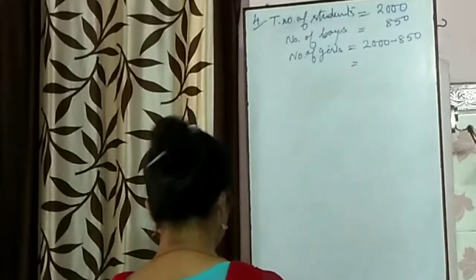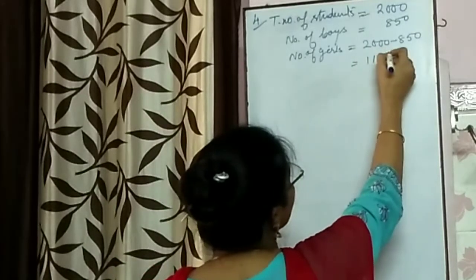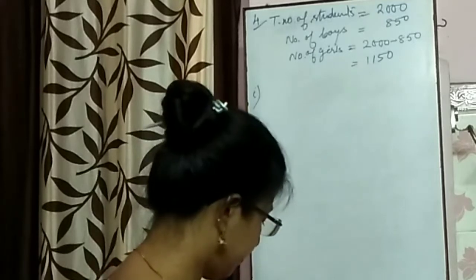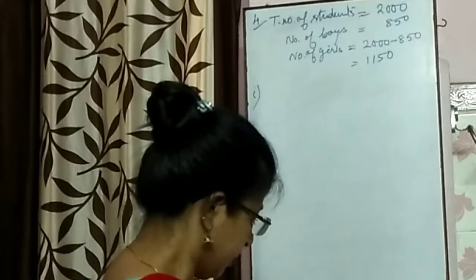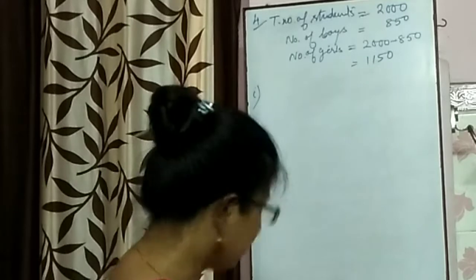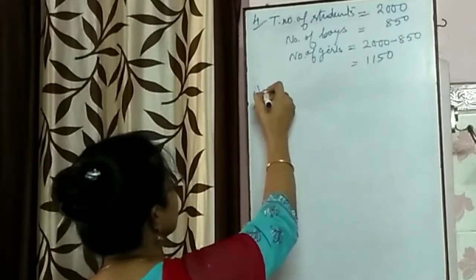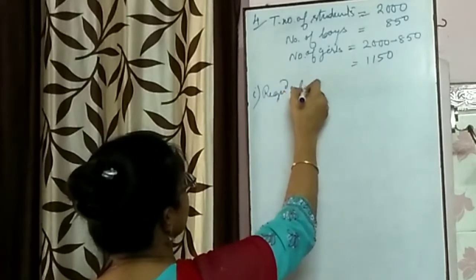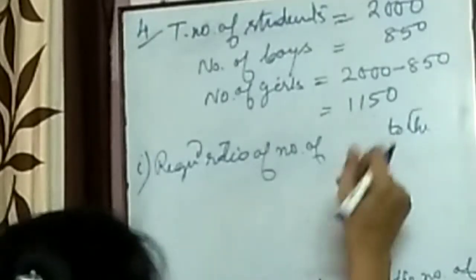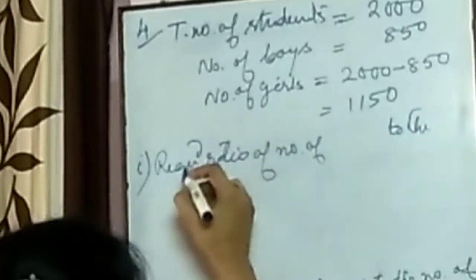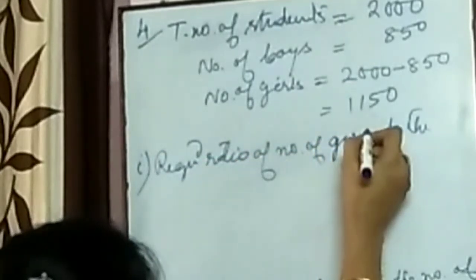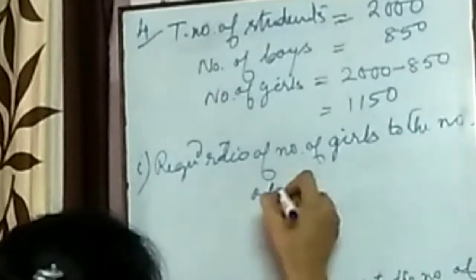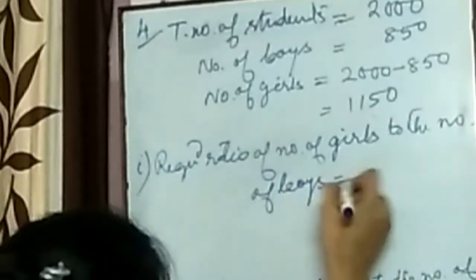So now you solve one by one. Question number 1. What is said? Number of girls to the boys. Required ratio of number of girls to the number of boys.